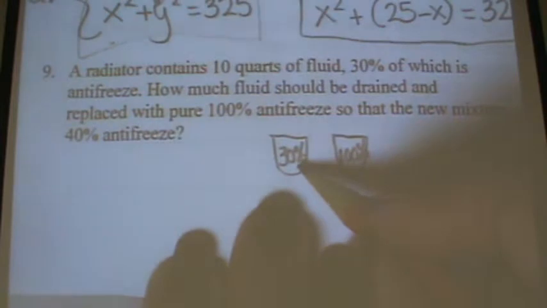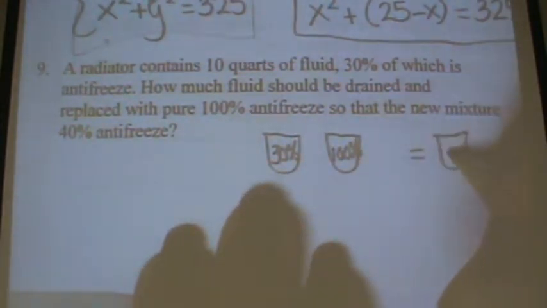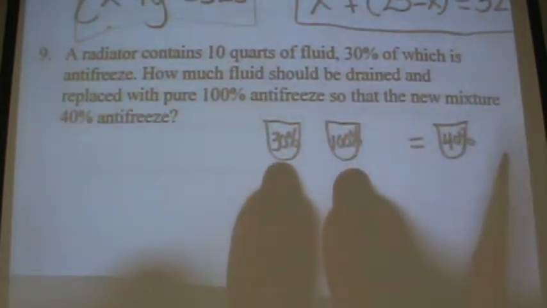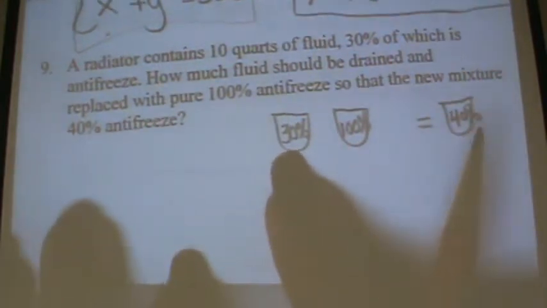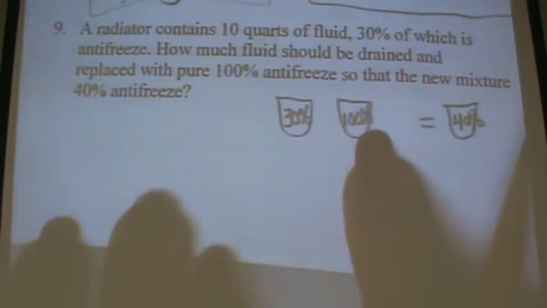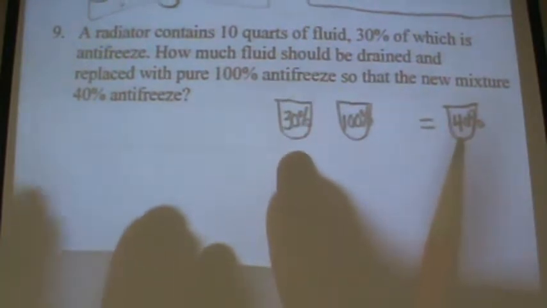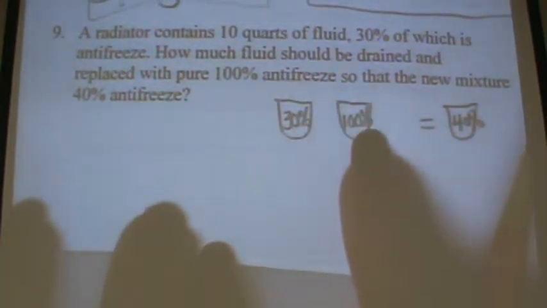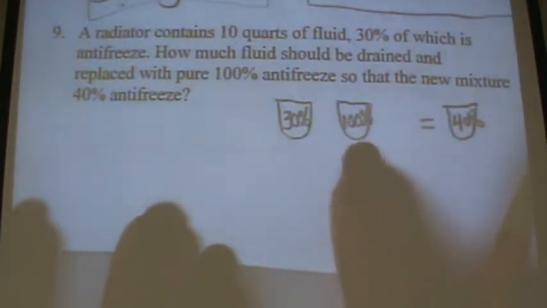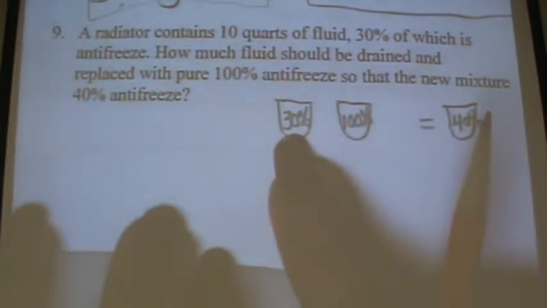So we want to mix some of this one and some of this one so that our new mixture is 40%. So am I going to put half and half? No. Isn't it weaker? 40% is closer to 30% than 100%, right? So my guess is I'm going to use less of the 100% and more of the 30% because it's weaker. So we're going to strengthen our solution by adding some pure antifreeze.